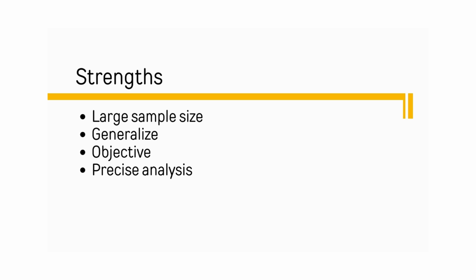In terms of rigor as well, there is statistical rigor, because it allows you to precisely analyze and have those numerical interpretations. So there are advantages to using quantitative research, especially because it stands for ensuring consistency of measurement.